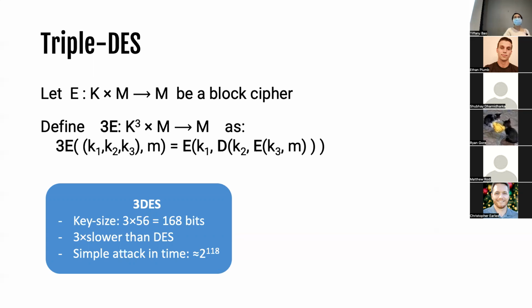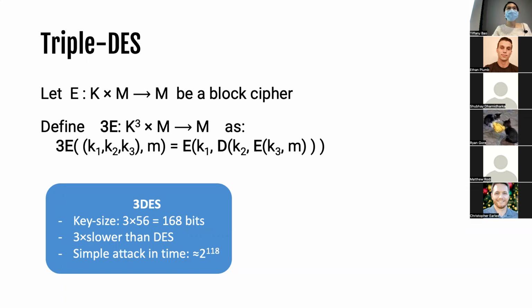And the simple attack will cost a complexity of 2 to the 118, which is computationally infeasible for a crypto attack, meaning that it's going to take a very long time to attack, so that it is feasible for a secure crypto system. Okay.